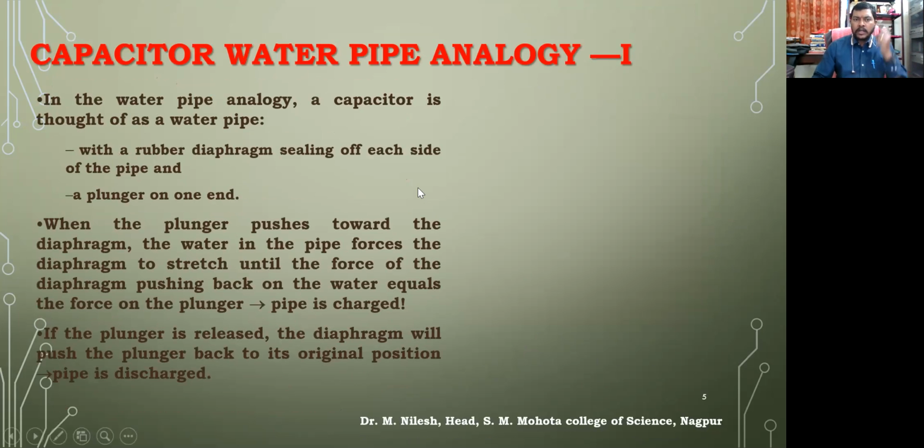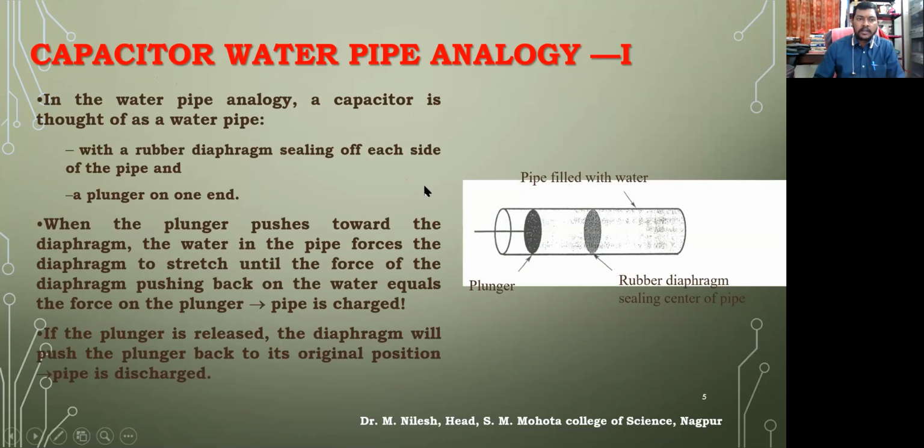This is the water analogy, the pipe analogy circuit. If you need to understand what it implies, we have two plates over here, with a rubber diaphragm sealing the center of the pipe. So this is sealed, but it is rubber, and this is a plunger which can move from one point to another, and water is filled inside it.